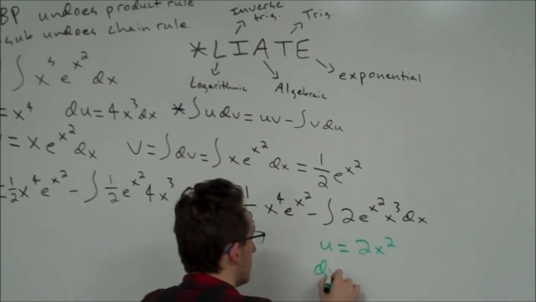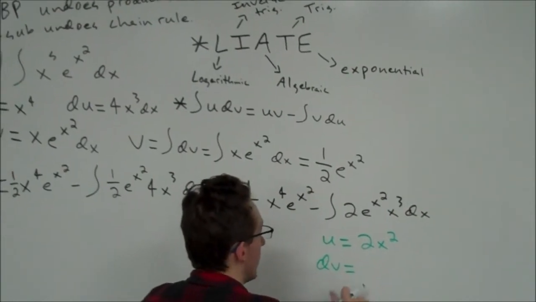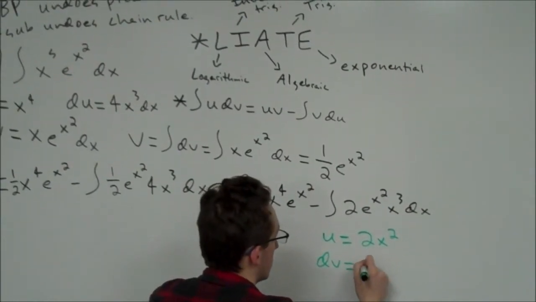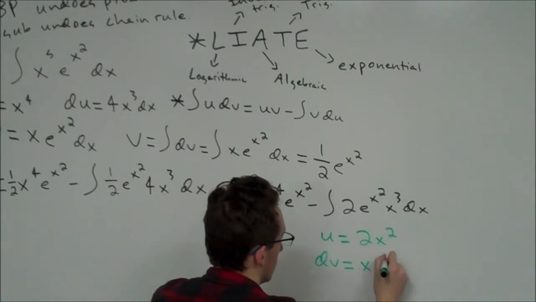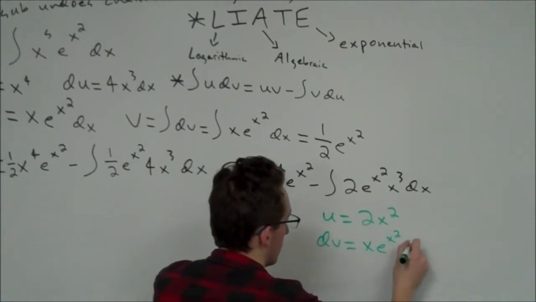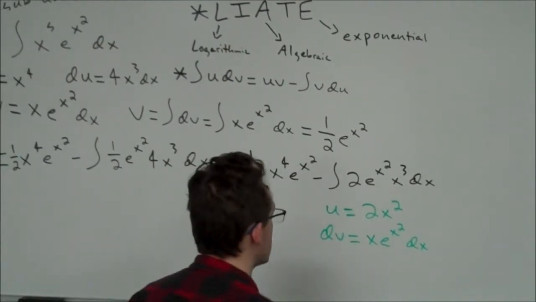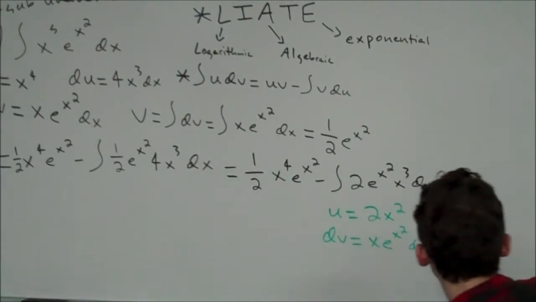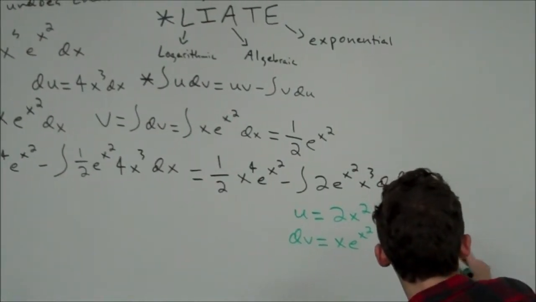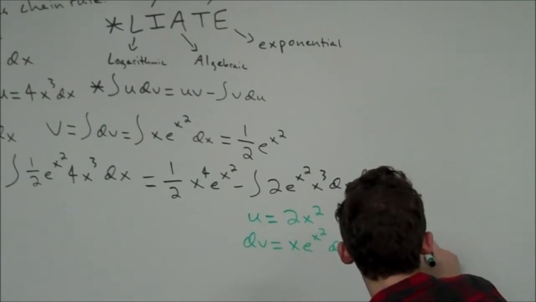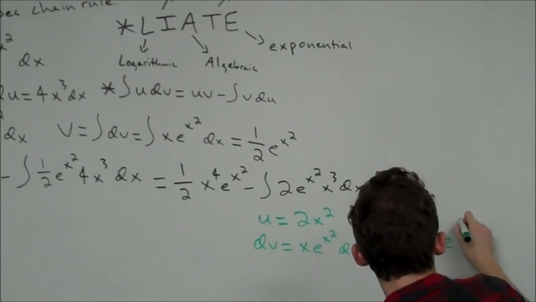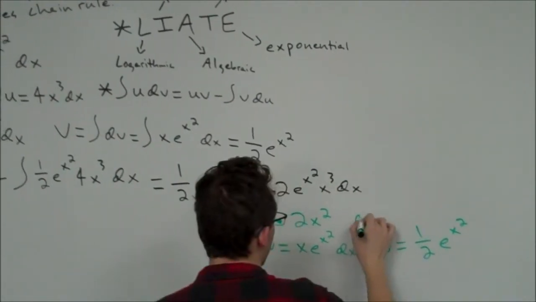So we're basically saving 1 power of x to be put in our dv, because then it allows us to integrate it pretty quickly with a u sub. And then find our du.